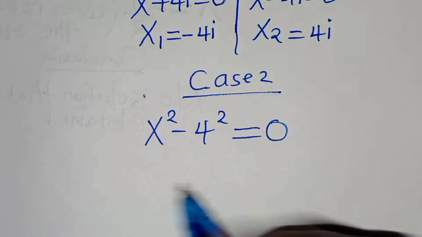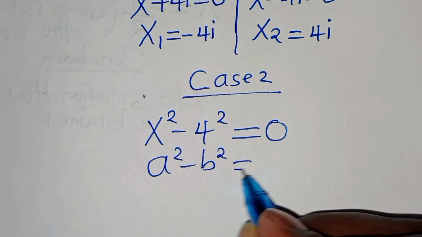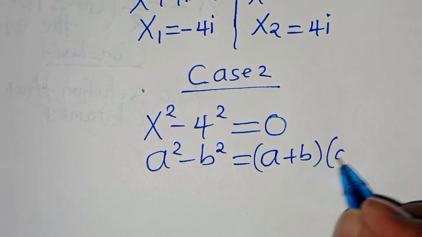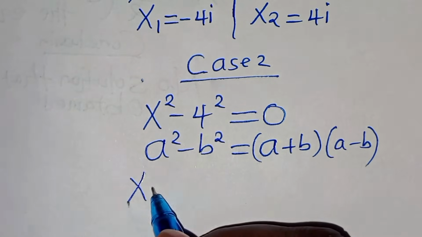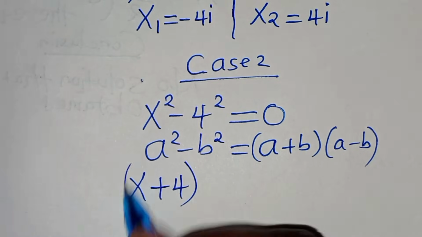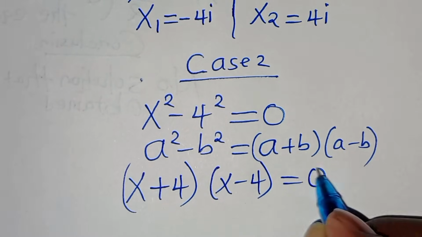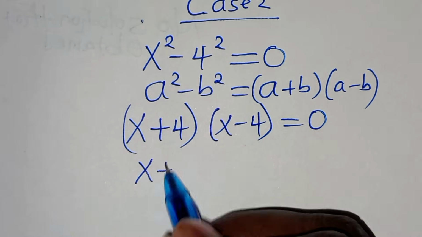This again equation is of the form a squared minus b squared. This is the difference of two perfect squares that we can express as a plus b times a minus b. So this is x plus 4 multiplied by x minus 4. This is equal to 0. So we have x plus 4.